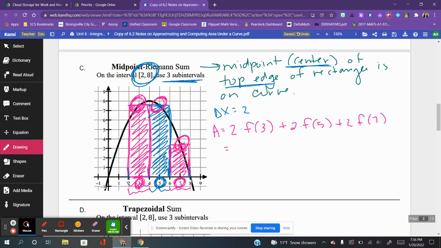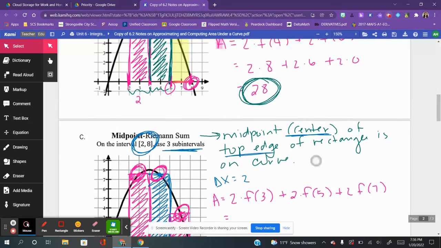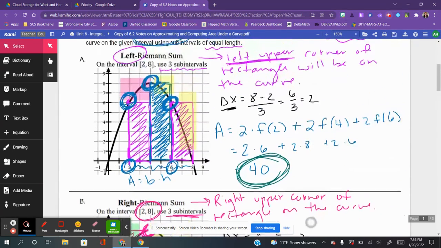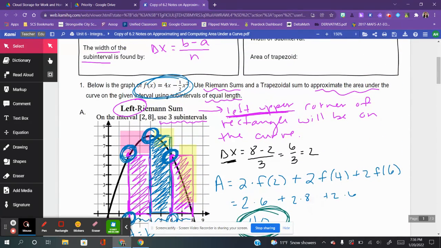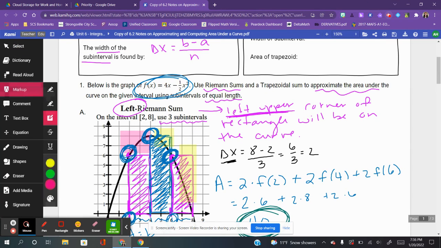This isn't as easy to tell, and I'm not going to estimate just to estimate. So what I can do is use my calculator, and I want you guys to go grab that. I don't have access to my graphing calculator on this program or computer, but what you can do is go to your y equals.